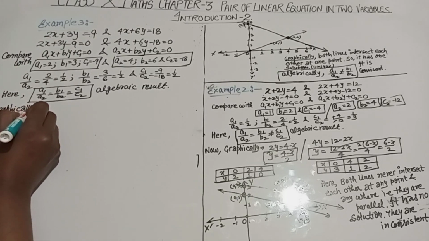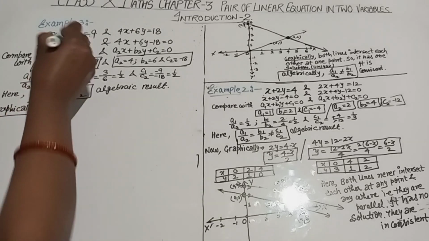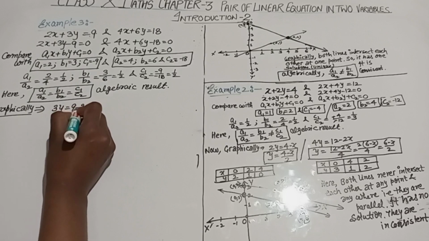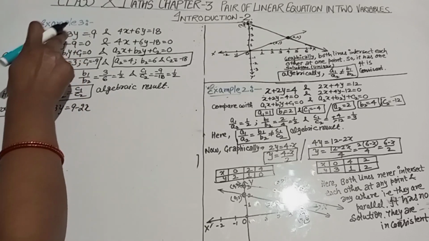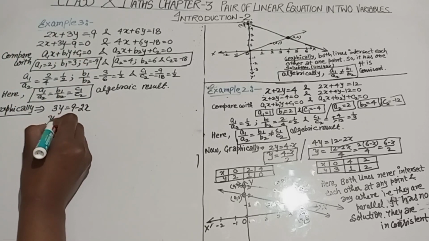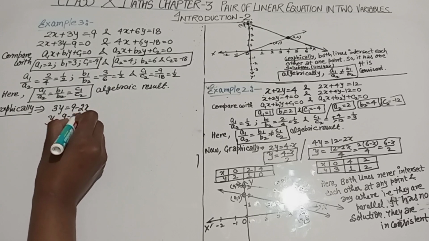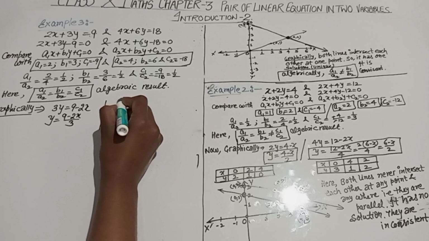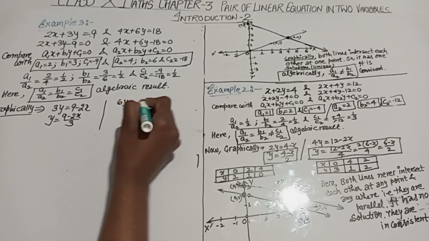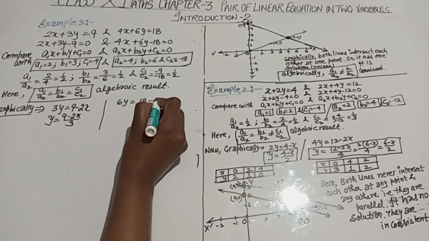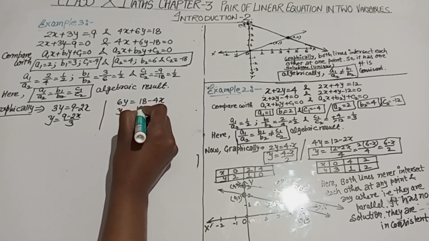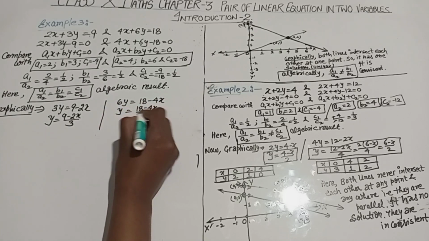Graphically, what we have right here, 3y is equal to 9 minus 2x. So y is equal to 9 minus 2x upon 3, and the second one is 6y is equal to 18 minus 4x, and y is equal to 18 minus 4x upon 6.